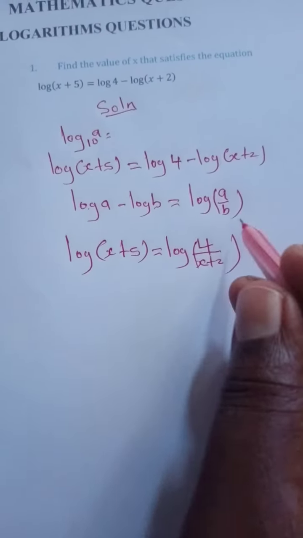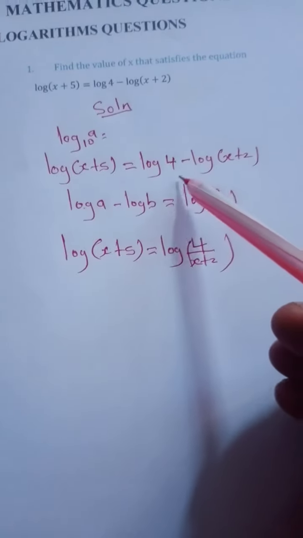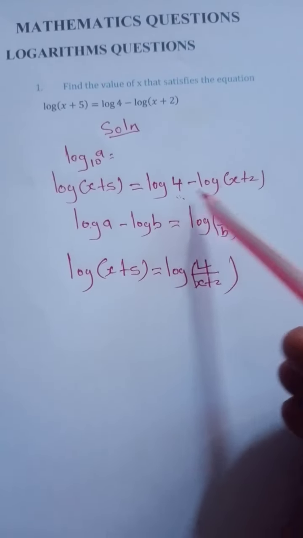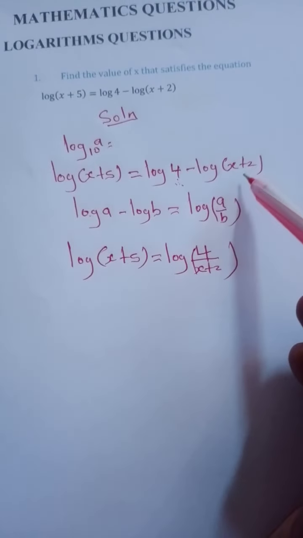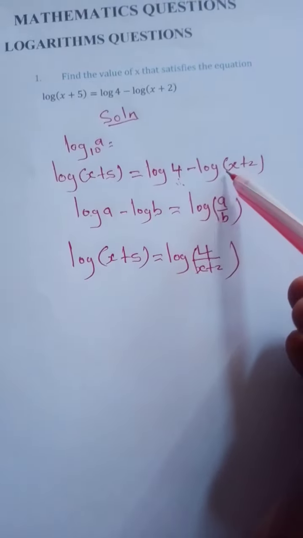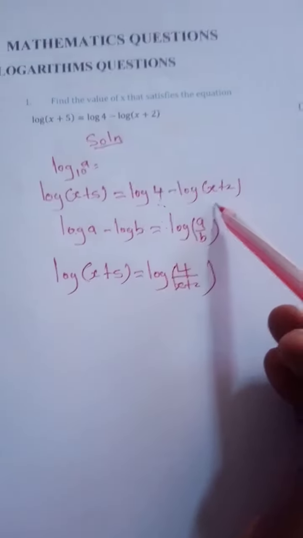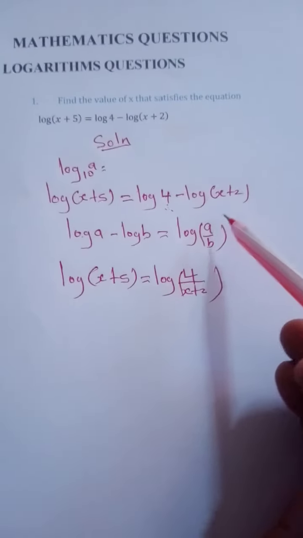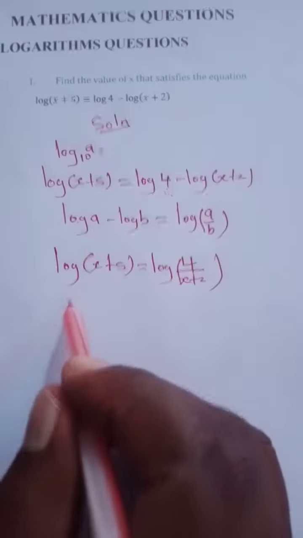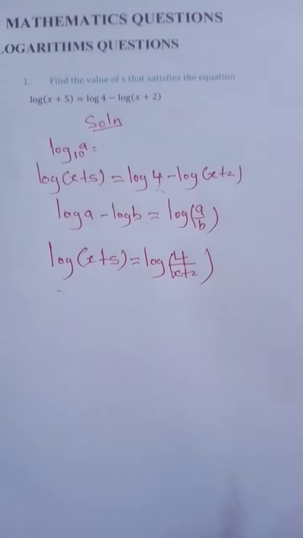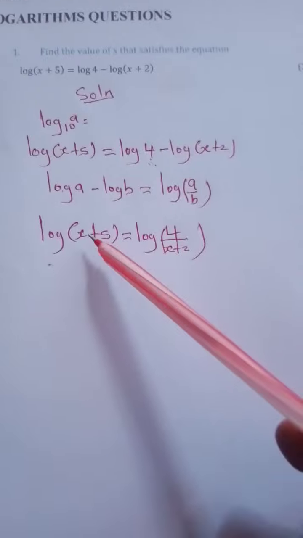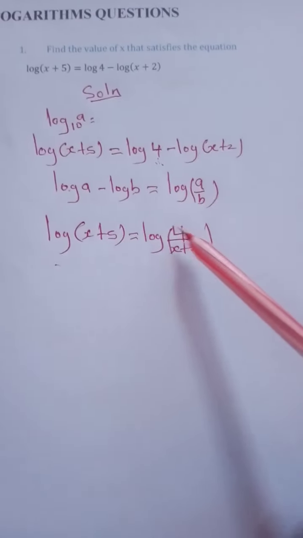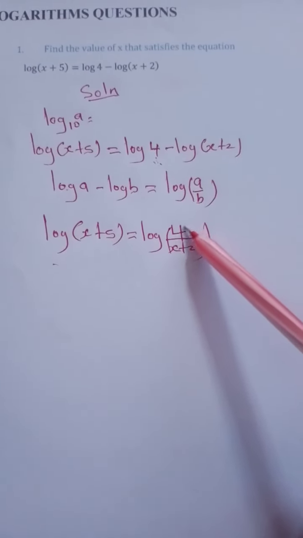This is how the law states: the moment you have a subtraction sign, you take one number divided by the other number, which is x + 2. So now you can see that log is equal to log, which means the number here must also be the number at the other end.